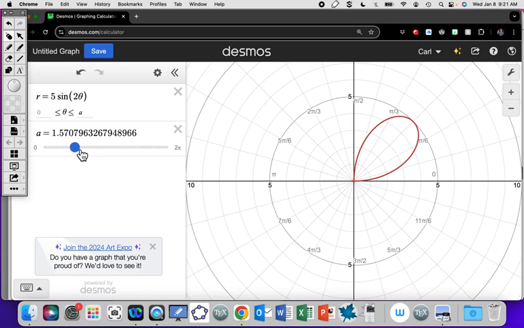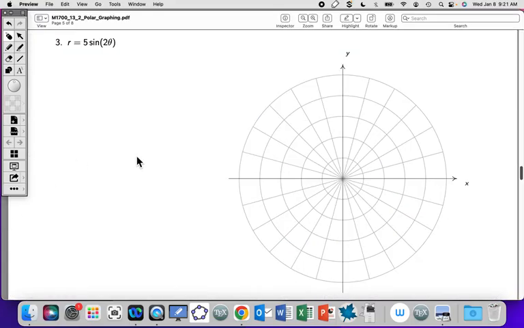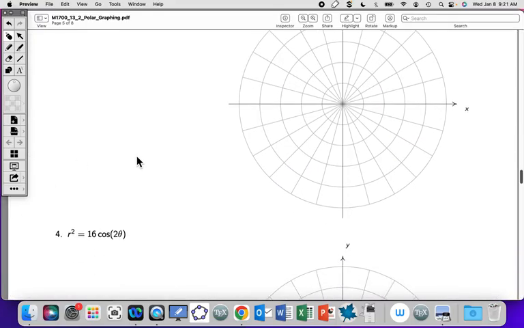We passed through along the y-axis, and then we graphed in quadrant 4. Then we kept going, crossed through, picked up the graph in quadrant 3, and then finished off with the graph in quadrant 2. So once again, use Desmos here to help you know what's happening when.